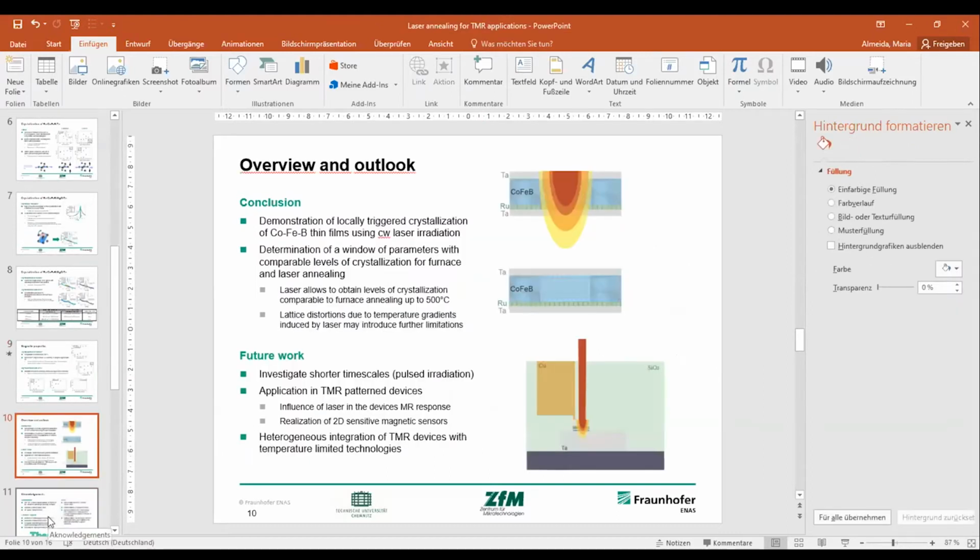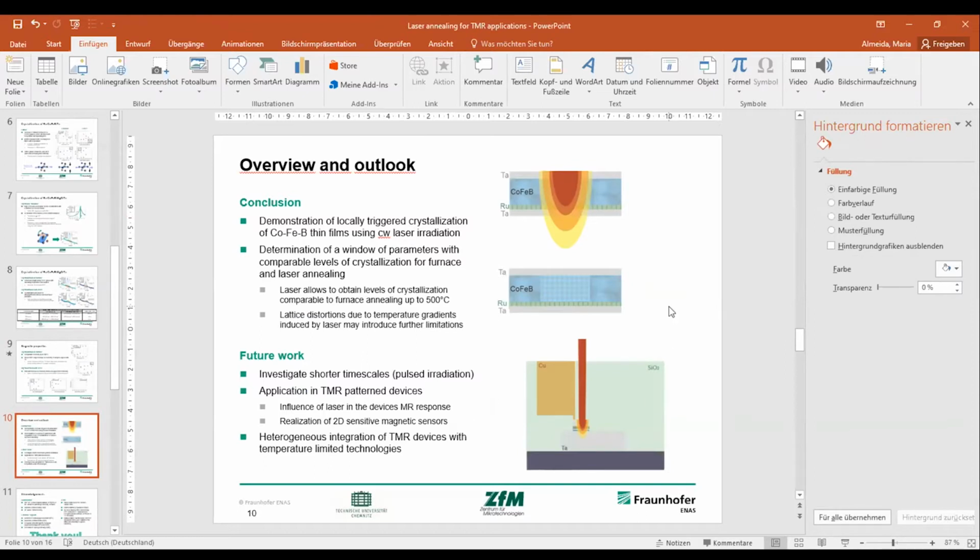And so, as an overview of this talk, we were able to show for the first time crystallization of cobalt iron boron with laser. And we were able to determine a window of parameters where we can achieve comparable levels of crystallization with laser and with oven annealing.